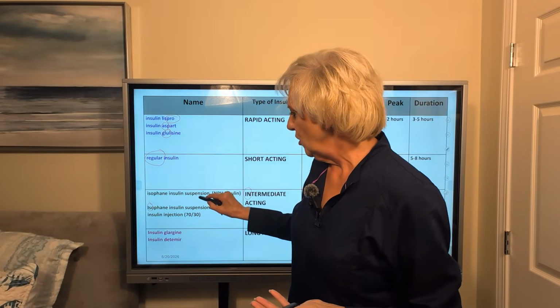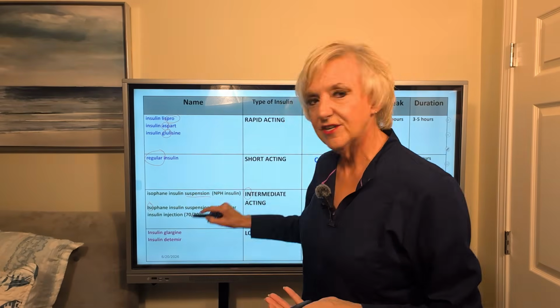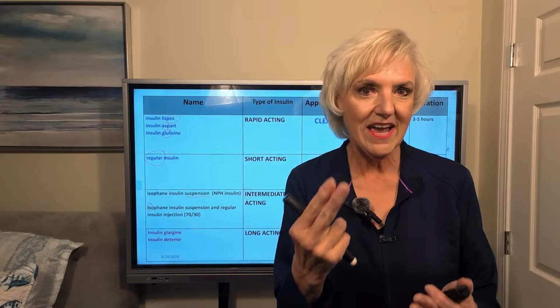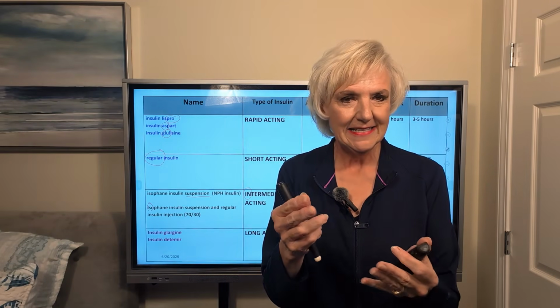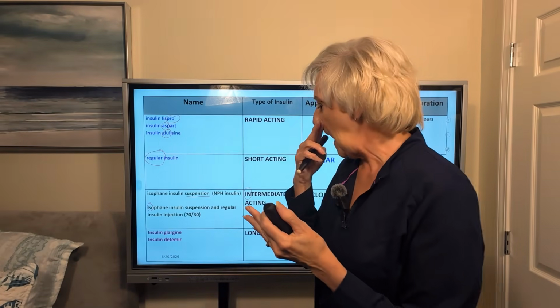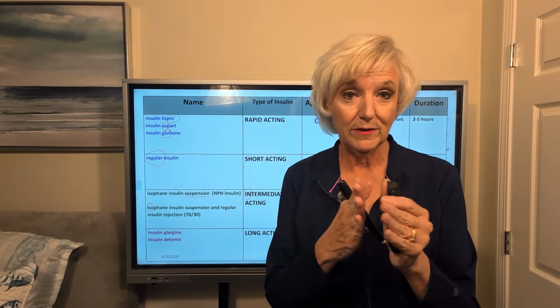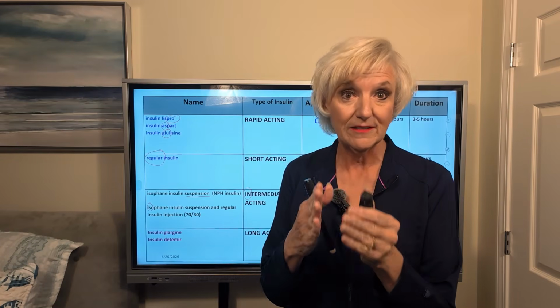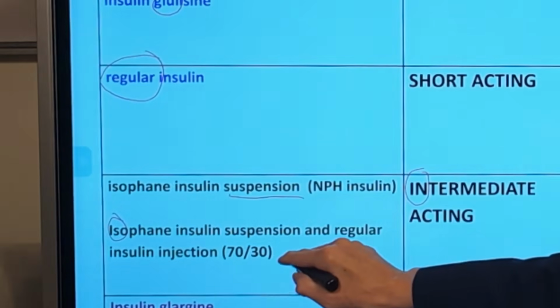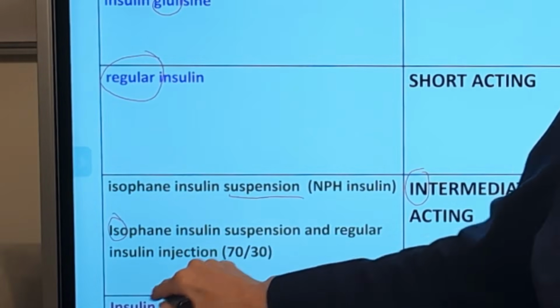And when you see the word suspension, a nurse should know that that means there's more than one thing in that container, and it's cloudy, and it's a mixture of things, and that's going to have to be rolled between the palms of your hands for you to mix two things together. Isophane insulin suspension and regular insulin, 70/30.